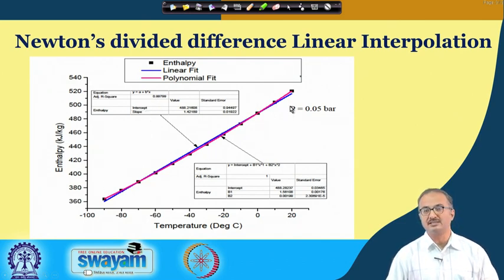That is the reason we find that even if we choose a very large range of temperatures to estimate the value, we get a very small percentage error. Just for the sake of testing, we can also fit a polynomial. Here we have taken a quadratic fit, and this line gives us the quadratic fit.